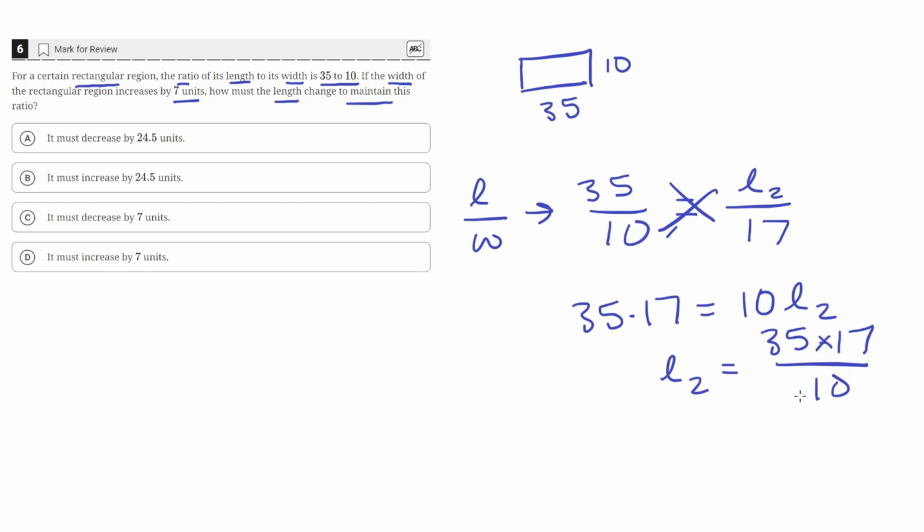If we plug that into our calculator, we get that L2 equals 59.5. And the original length was 35. So our length increased by 24.5 in order to maintain the ratio after we increase the width. So the correct answer has to be B.